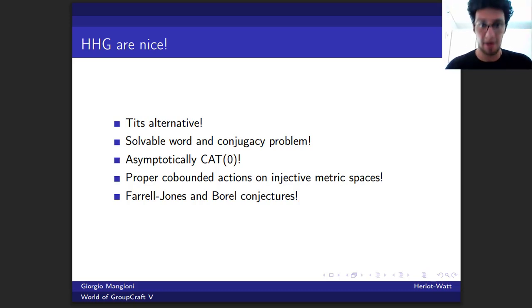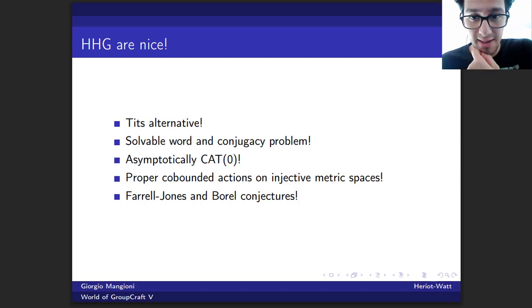They have very good actions on very nice spaces like asymptotically CAT(0) spaces, which means that the CAT(0) inequality is satisfied up to a sublinear error in the diameter. Or they have actions on injective metric spaces, so they also enjoy Helly-like properties in a way.